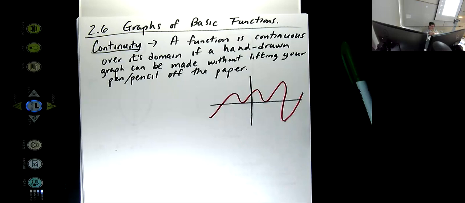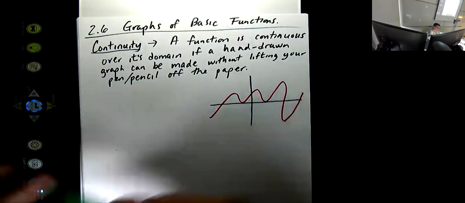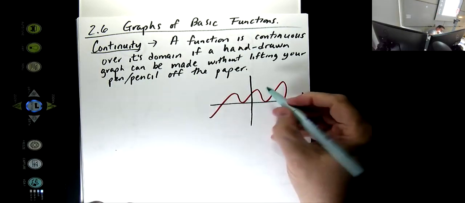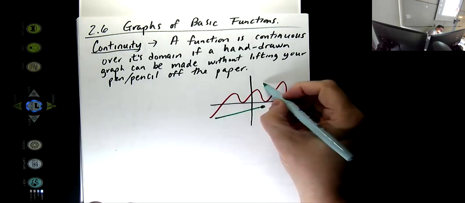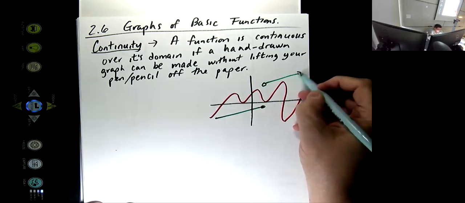This is not a real definition, but it's a practical definition. The red line is continuous. The green line is not.